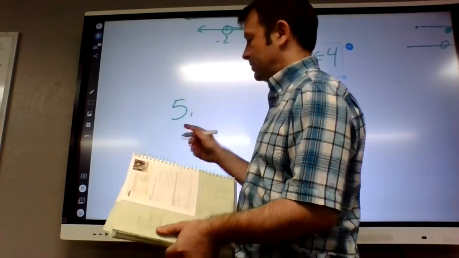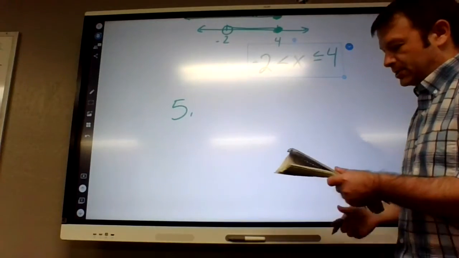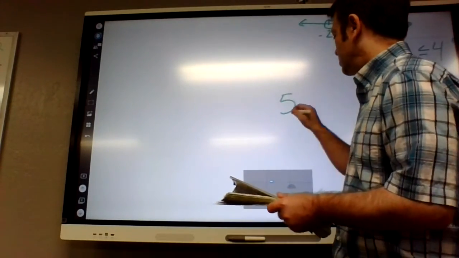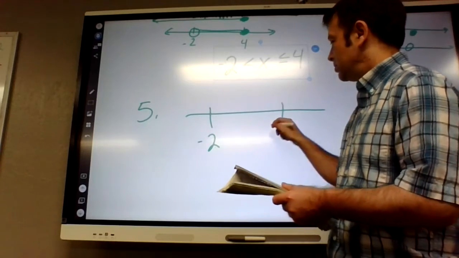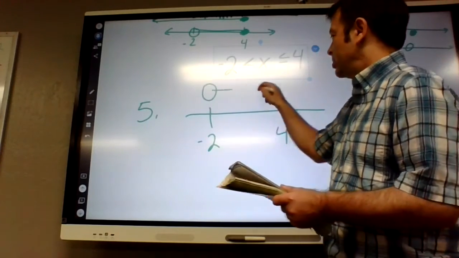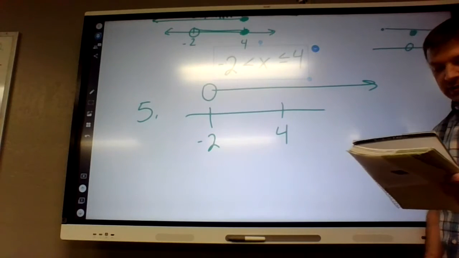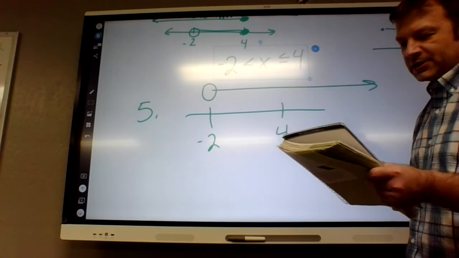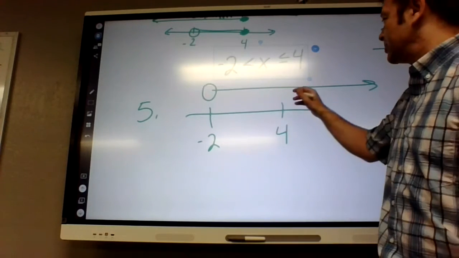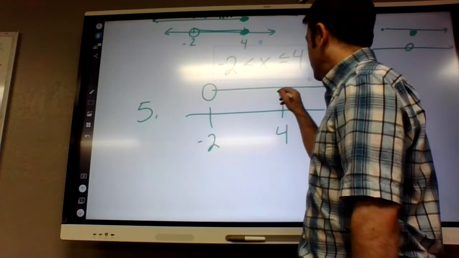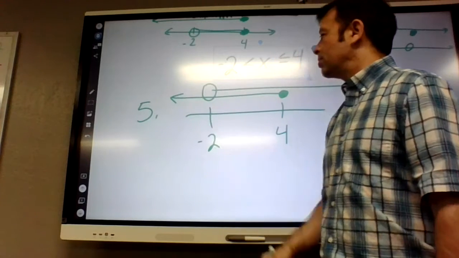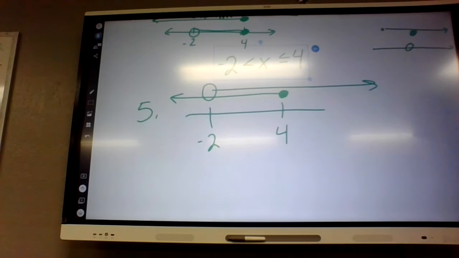Number 5. Okay, X is greater than -2. So that would be open circle at -2 going right. And or, this time it's an or, less than or equal to 4. So it's kind of like the last one, except instead of an and in the middle, it's an or. What numbers are covered by that?